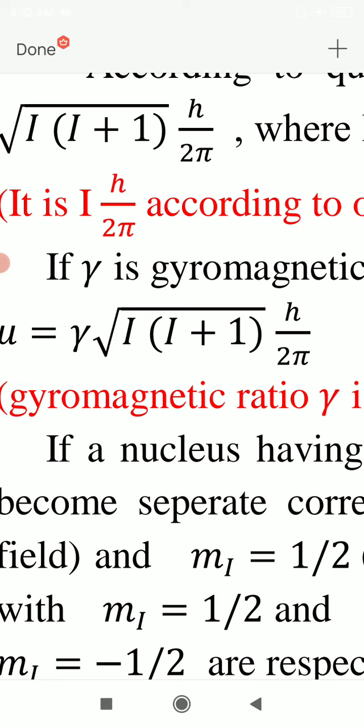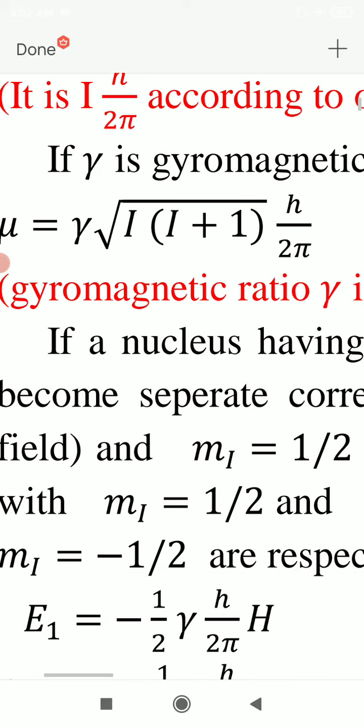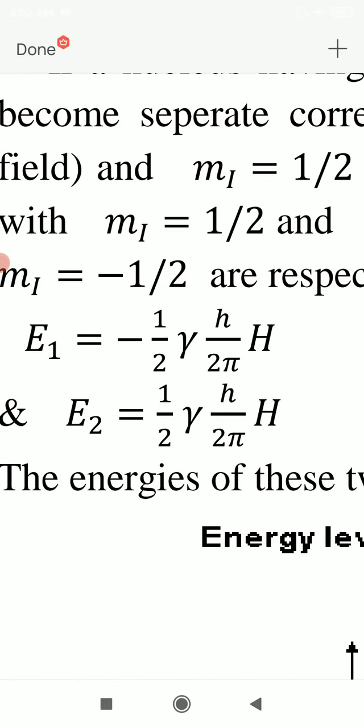Then we have under root I plus 1. In place of under root I plus 1 we write Mi, which is either plus half or minus half, and then we have h upon 2 pi. So we find two energies E1 and E2.